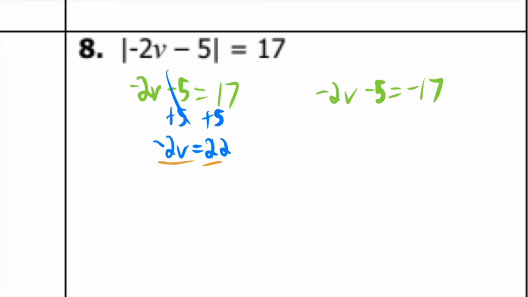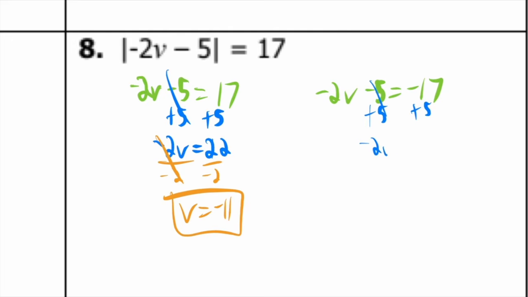Then dividing by negative 2, I end up getting v to equal negative 11 as one answer. In the other problem here, I add 5, and I get negative 2v equals negative 12, and then I divide by negative 2, and I get v to equal positive 6. I should change colors there to match up to the other problem a little bit better, but regardless, the math is the same: v equals positive 6.